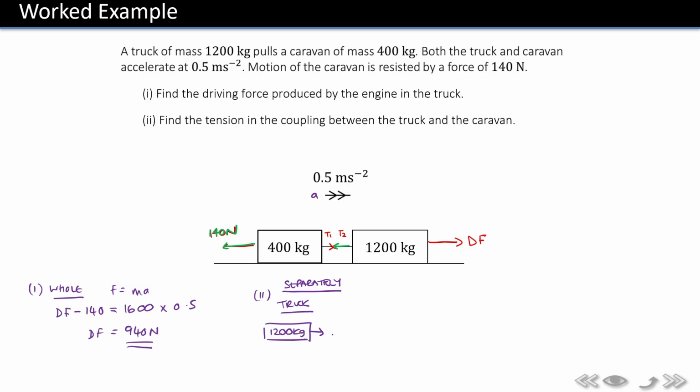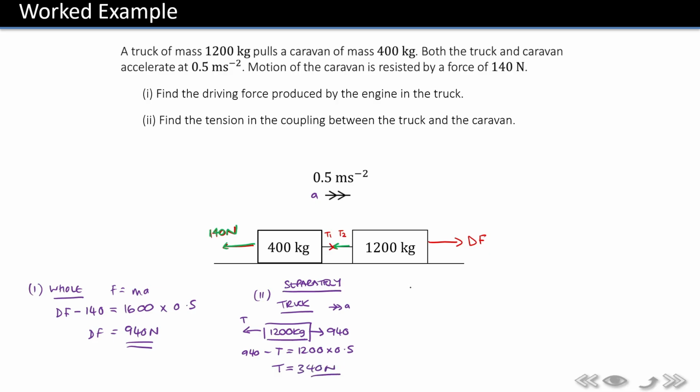I've got my driving force, which I've just calculated as 940, and I've got the tension, which is going to be T. Again, using F equals ma, I've got the force heading in the same direction as A. So it's going to be 940 minus T equals 1,200 multiplied by A, which is 0.5. And doing a bit of rearranging, I get a T value of 340 newtons.